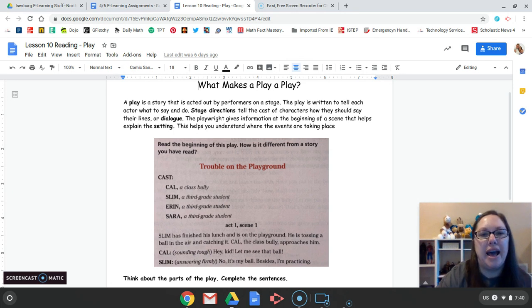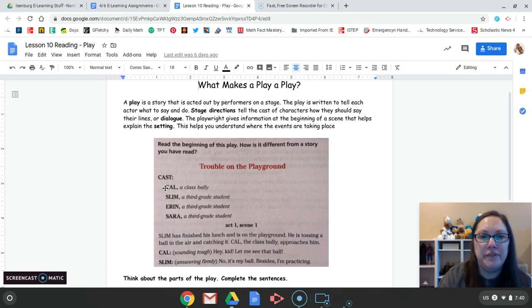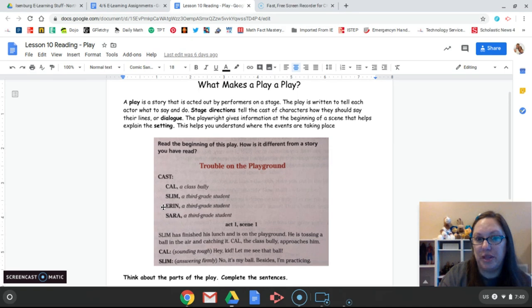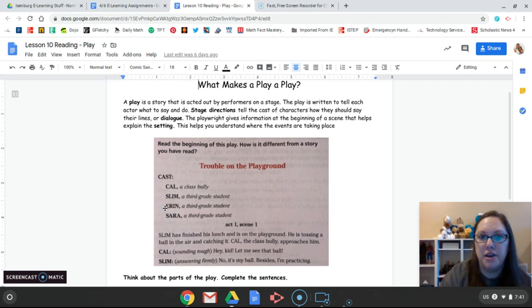So if you look at our cast of characters here, they usually list it at the very beginning of the story, and they give you every single character that's supposed to be in the story before you even start reading the play, so that way you can decide who gets which part. So you see this play has a character named Cal, and he's going to be a class bully, so it gives you a little description of his character. Slim, which is a third grade student, Aaron, which is another third grade student, and Sarah, another third grade student.